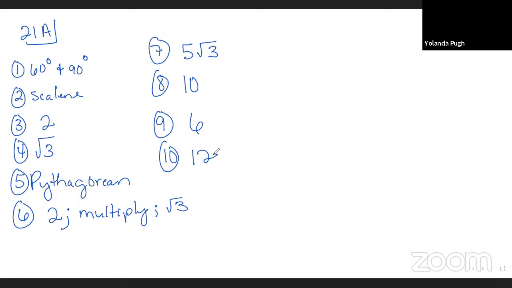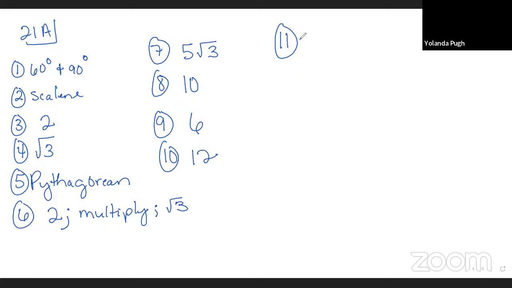Now let's go to our back page. And it says, find the unknown sides of these right triangles. And so we're doing the same thing here. For 11, we're looking for the short side.